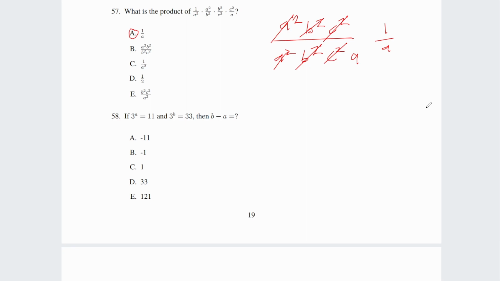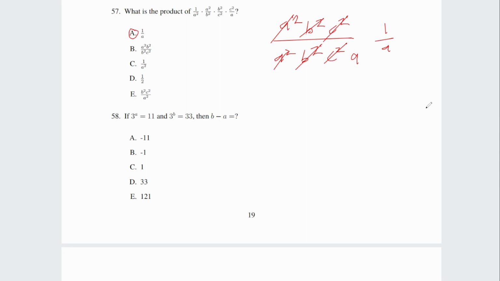when we use an exponent, we're saying how many times we are multiplying something by itself. In other words, how do we raise this to the right exponent to produce a given number? In the case of 3 to the a equals 11, we're saying 3 multiplied by itself some number of times equals 11.